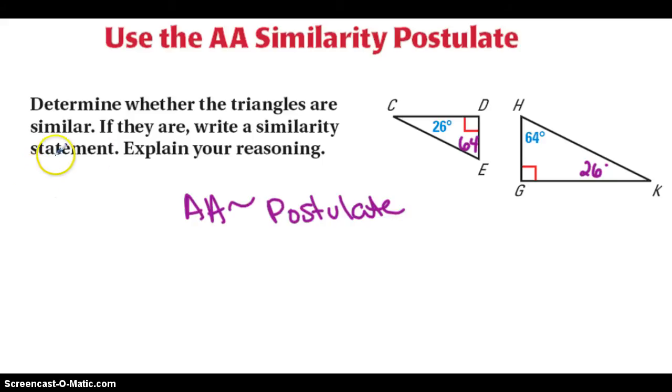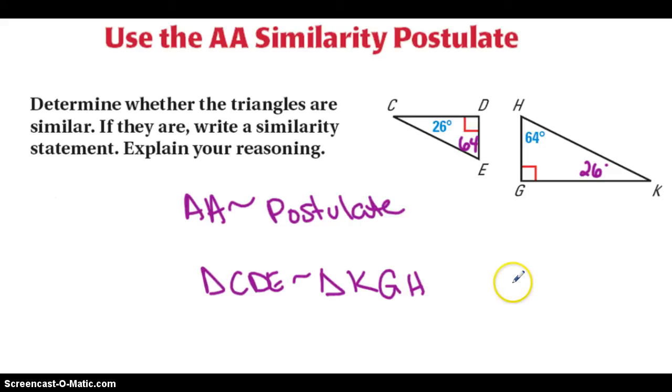And we could come up with a similarity statement. So triangle A, nope, not an A. I'm so used to saying ABC, but this is actually CDE. So triangle CDE is similar to, now angle C is 26 degrees, so that's congruent to angle K. D matches with G, and E here matches with angle H. So there's your similarity statement.